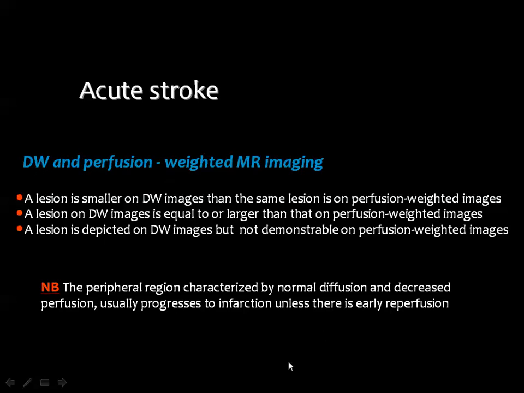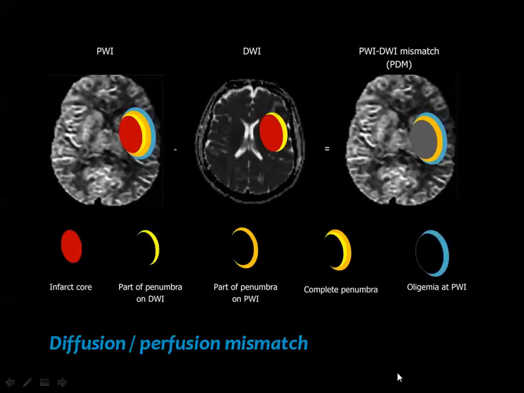Diffusion perfusion mismatch means that there is a lesion in the diffusion weighted images which does not correlate with the perfusion weighted images. Either the DWI shows a bigger lesion or a smaller lesion, or there is no lesion in the diffusion weighted images and it is seen in the perfusion weighted images.